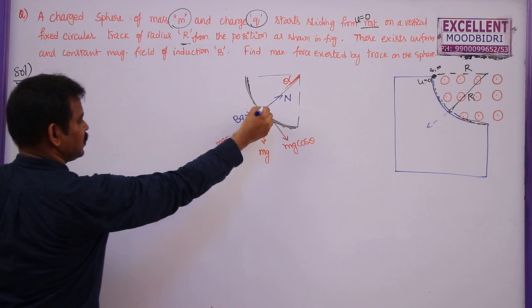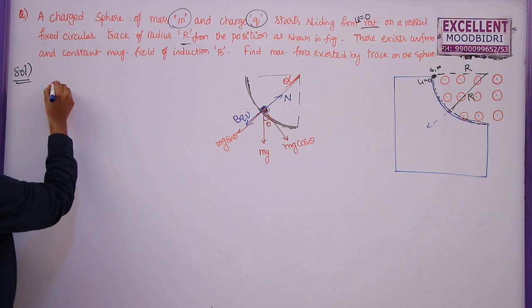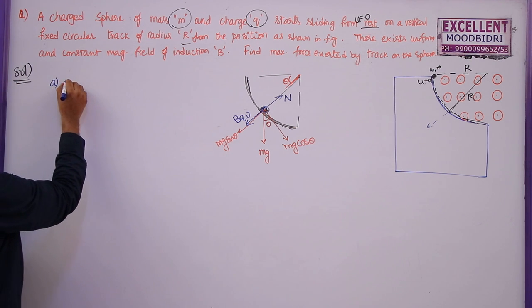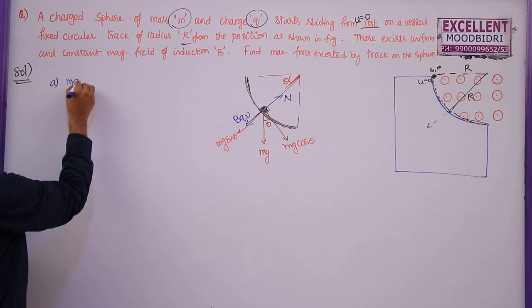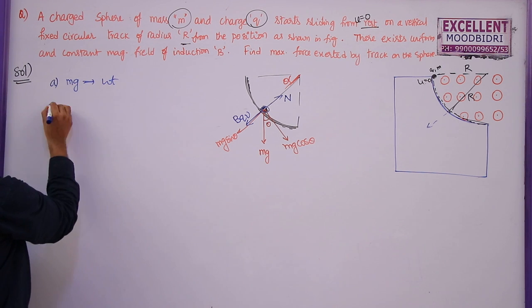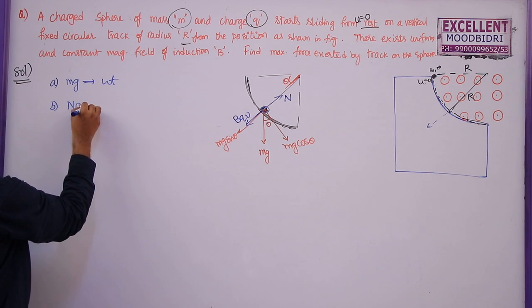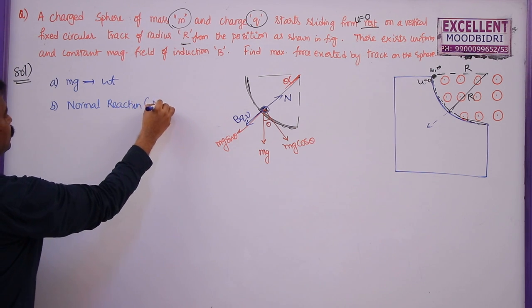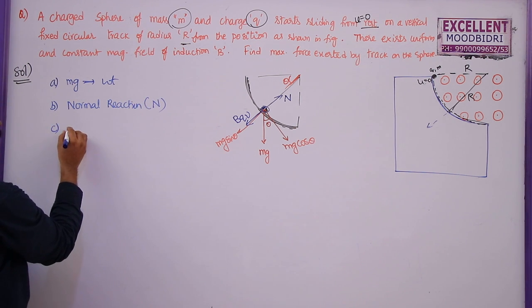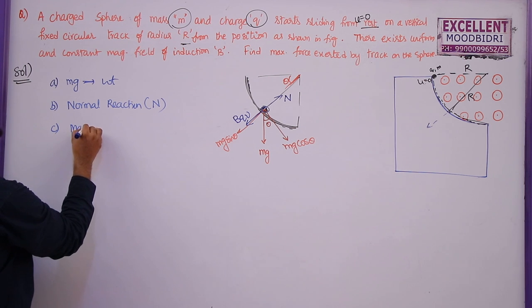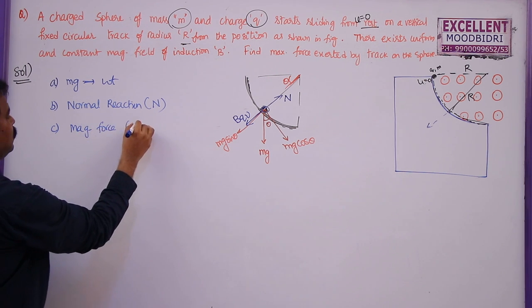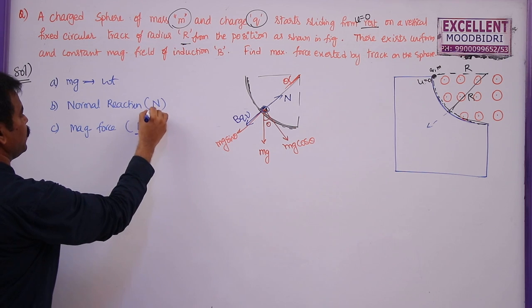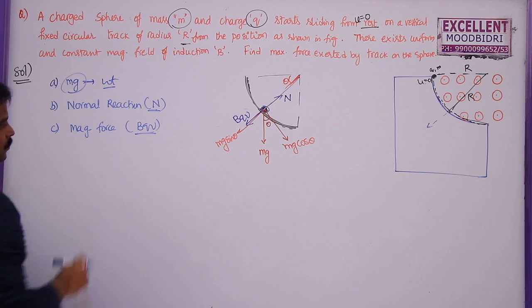So the forces experienced by this one at this position are, first one A, weight of this one, B, normal reaction N, C, magnetic force, this is BQV, normal, this is weight.